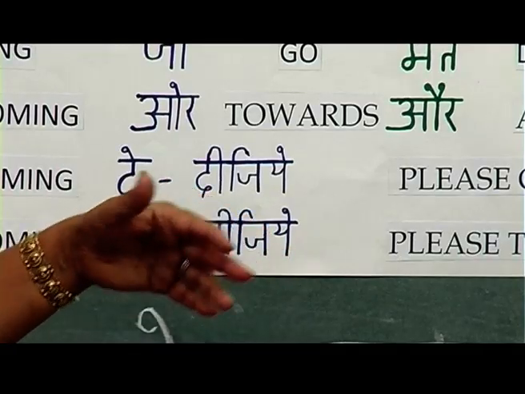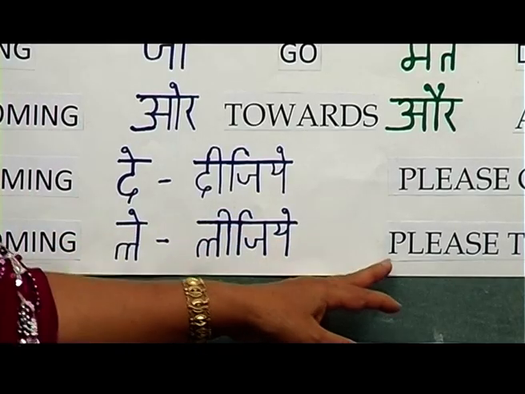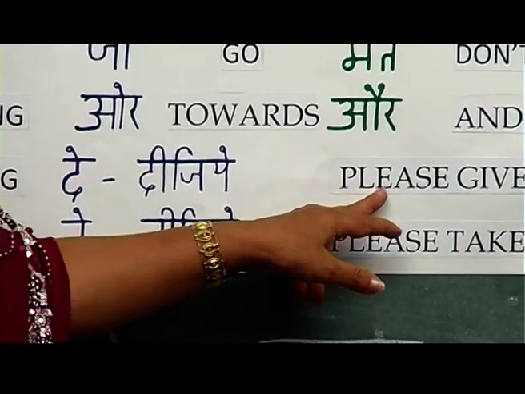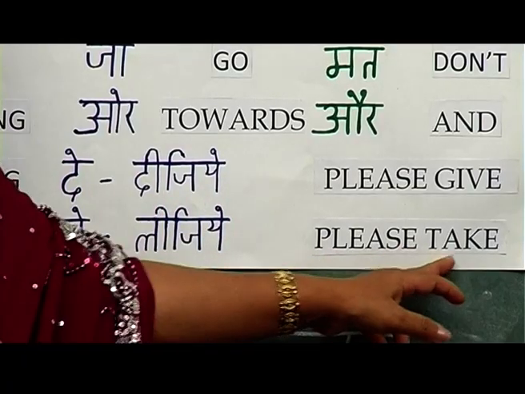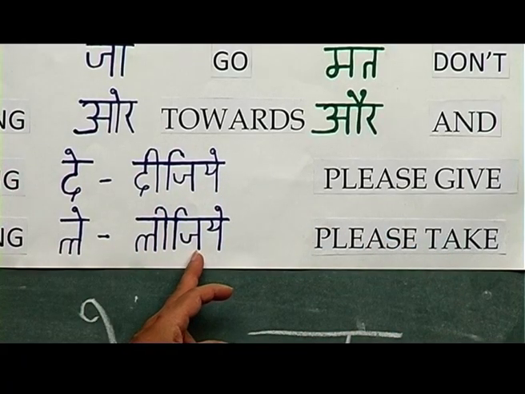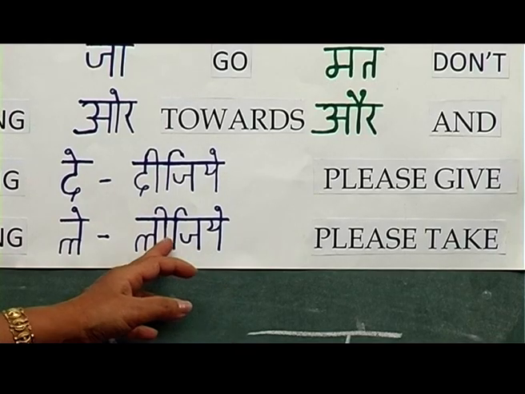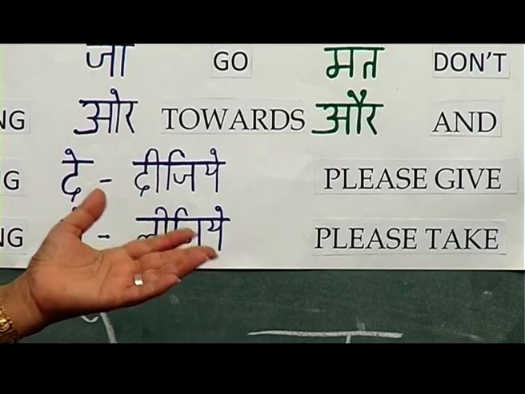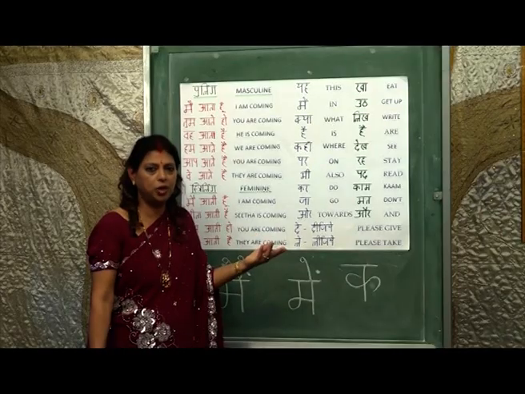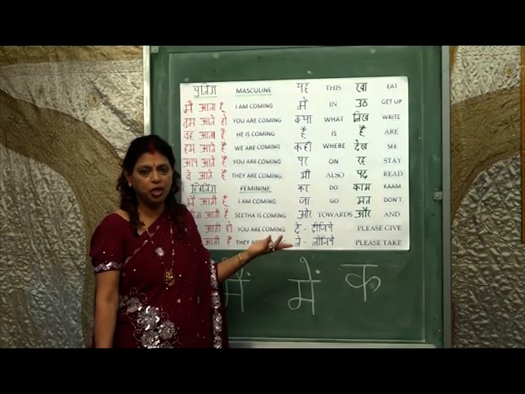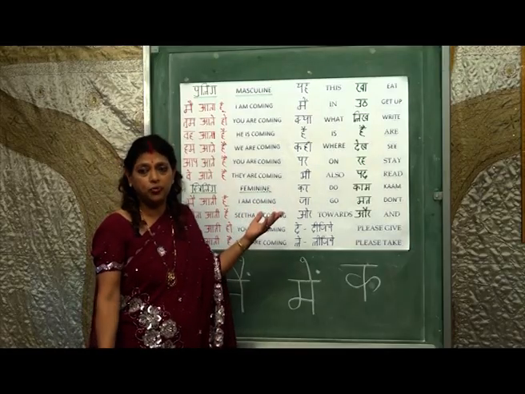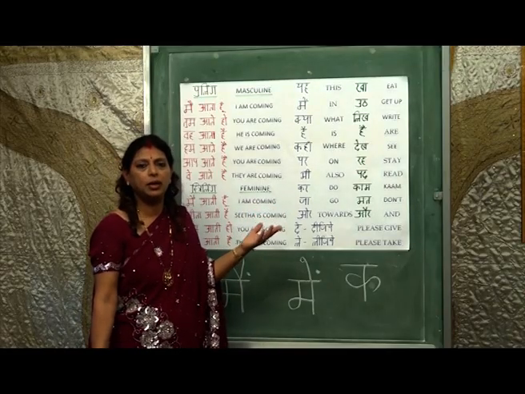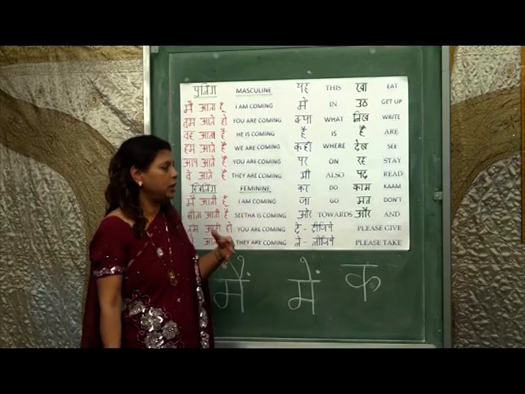So you are basically adding please to the sentence. Please give as in dijiye, or please take as in lijiye. And that will refer to other words as well. If you are saying drink, pee, to drink, pijiye, or kijiye, if you need somebody to do something, it will be kijiye, and so on.